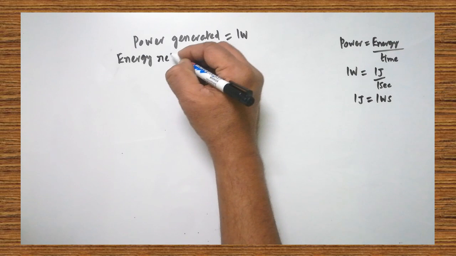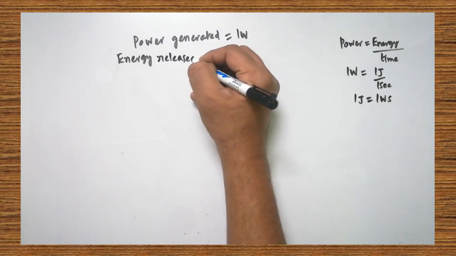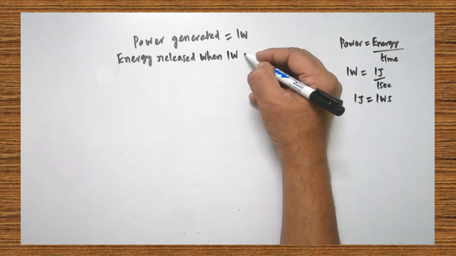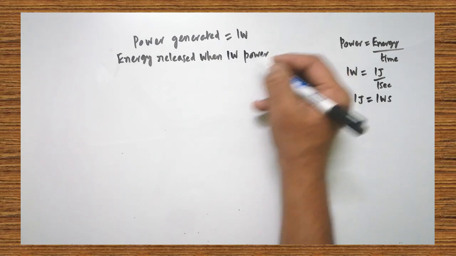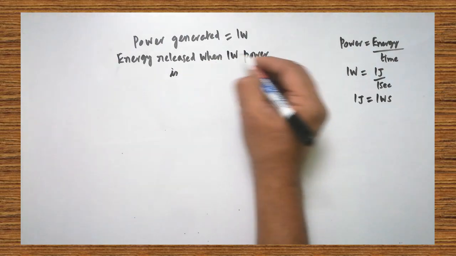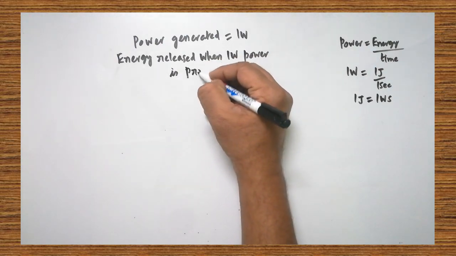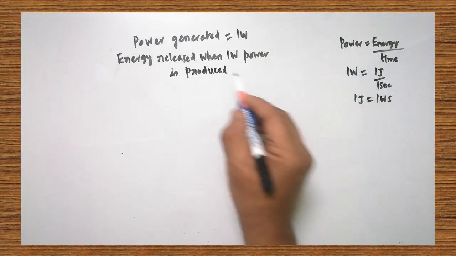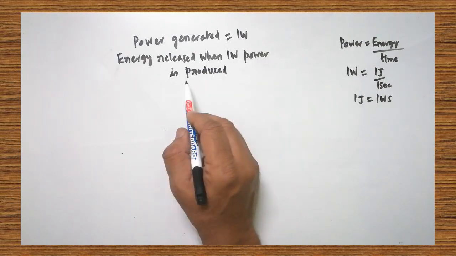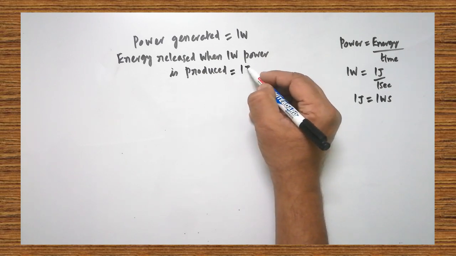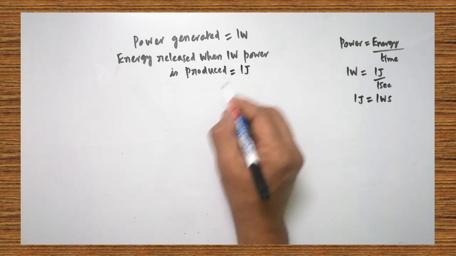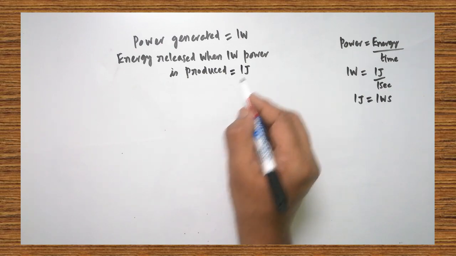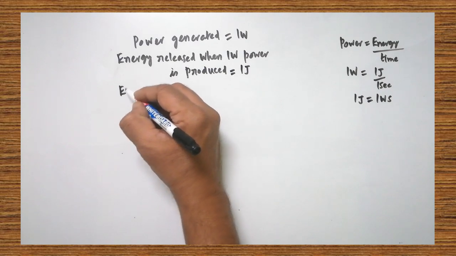Energy released when 1 watt power is produced, that must be written. From this simple formula we can write energy released when 1 watt power is produced. How much? 1 joule. So in that format we have to write. So everything that takes place in 1 second, that must be understood. Energy released per second is all.